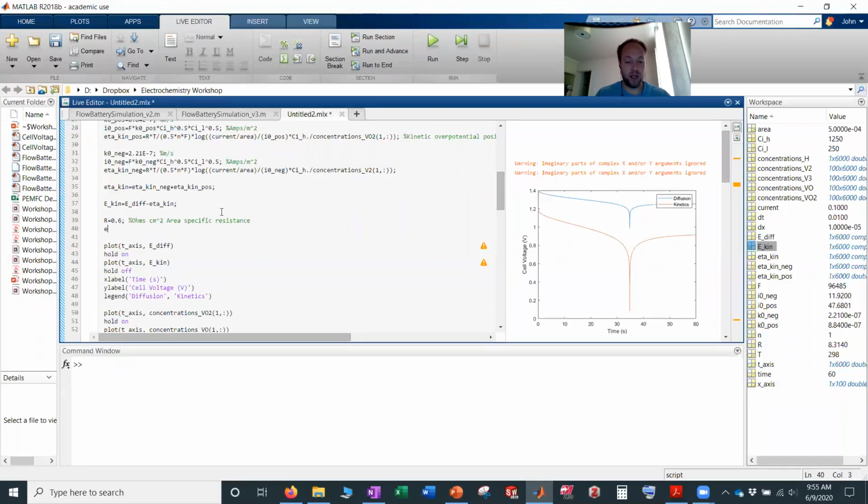And then your eta IR is going to be equal to your current divided by the area of the cell times this R value.